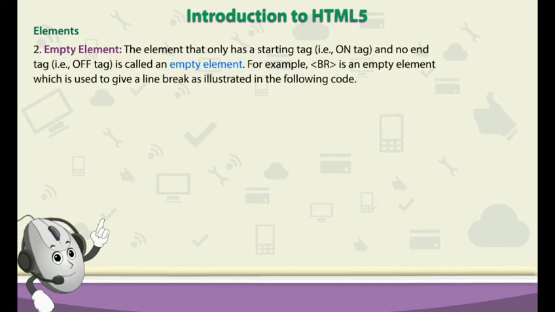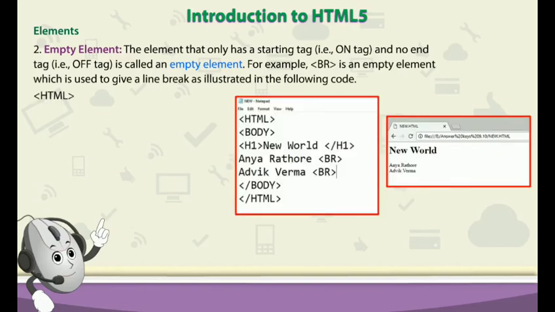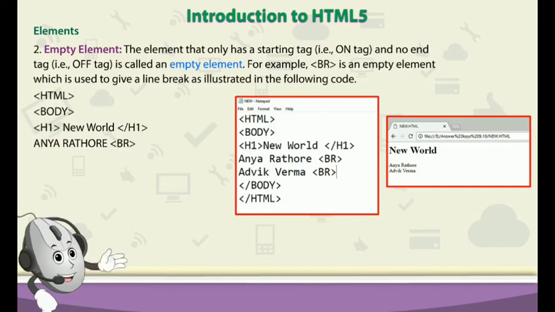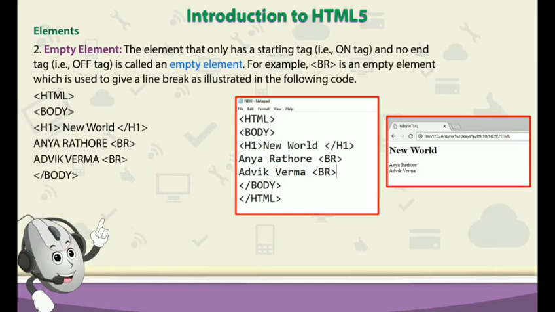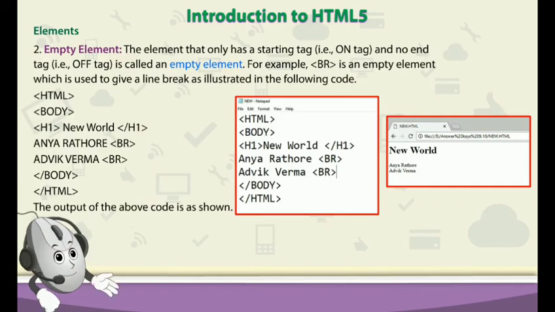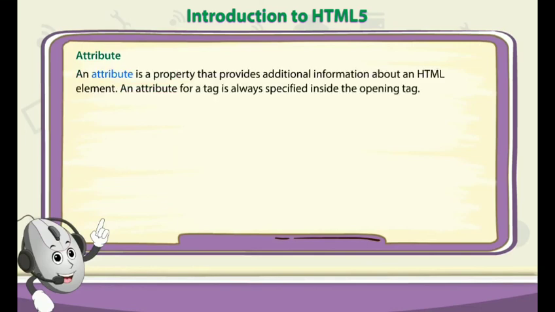Means to move to the next line as we use the enter key. So <HTML> <body> <h1> new word </h1> Naya Rathod <BR> Avik Verma <BR> </body> </HTML>. The output of the above code is shown here.